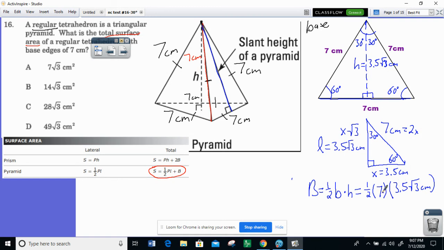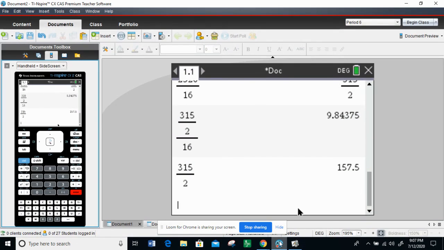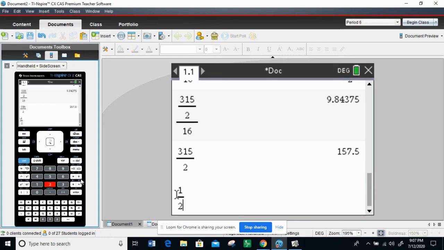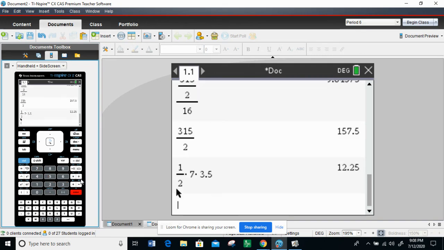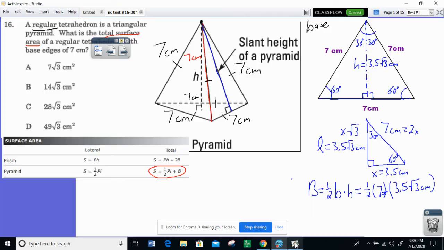So how many square roots of 3 is that? 1/2 times 7 times 3.5 is 12.25. So the area of the base is 12.25 times the square root of 3 square centimeters.